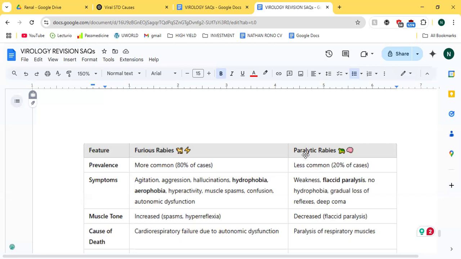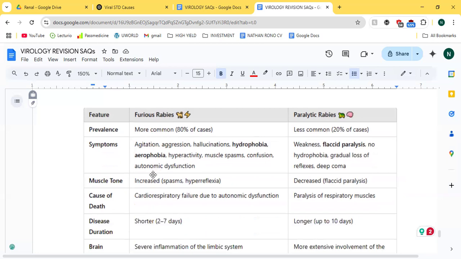For paralytic, from the word paralytic, the marked symptom is paralysis, and it's usually flaccid paralysis. Muscle tone is just the tone of your muscles. In furious rabies they're going to have spasm, so tone will be increased, and they're going to have hyperreflexia.